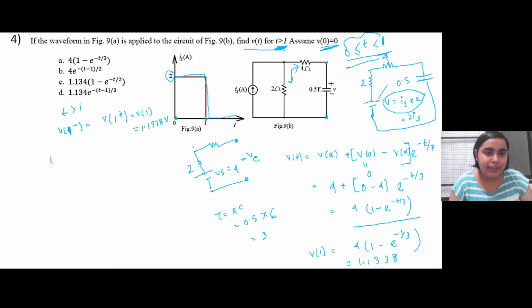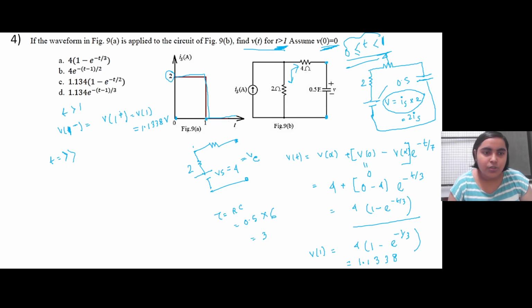Now at t greater than 1, what will be the steady state equation? There is no voltage now, so this capacitor will gradually discharge and the charge will get exhausted. So at t equal to infinity, the entire charge will get dissipated.